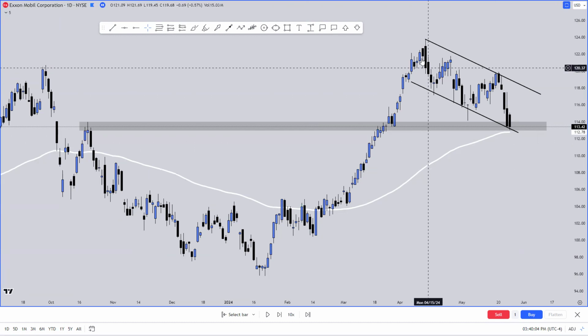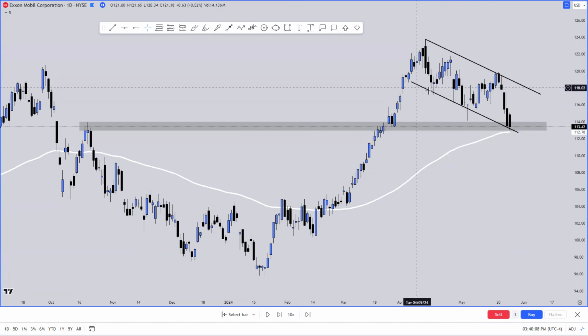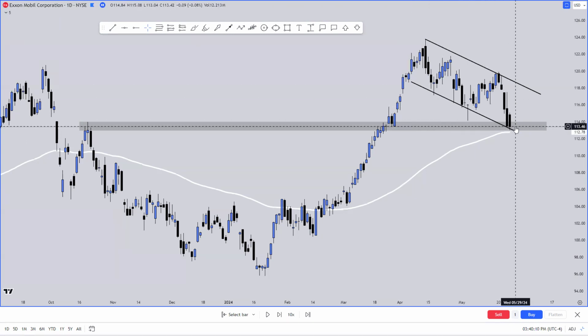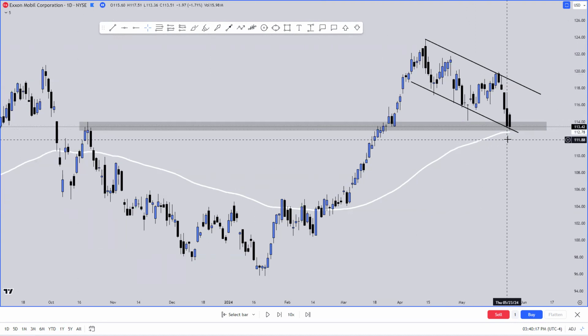So we have our flag pattern, we're at the low of this trend line right here, and we flagged our way down into the demand zone. And we have the 100 EMA right at the same spot. So we have a few different confluences that's telling me that there's a good chance that the price might want to move up from here, or we might get some kind of bounce right here.